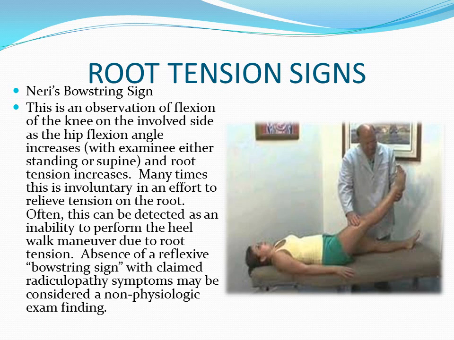So when your examinee reports positive symptoms with these root tension tests, you're going to want to look for the reflexive bowstring sign. And absence of a reflexive bowstring sign may be considered a non-physiologic exam finding.